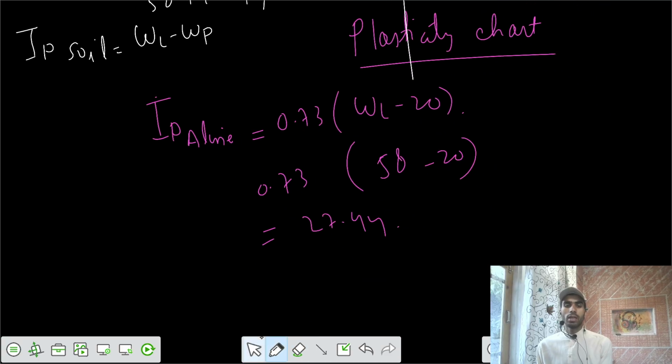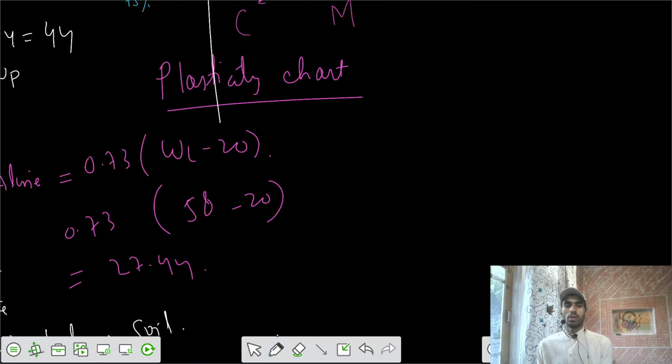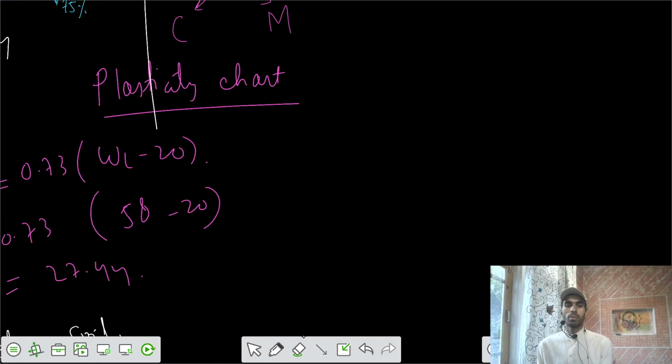So the A line is below the soil, or I would say the soil is above the A line, because IP for the soil is greater than IP for the A line on the y axis. So where was that plasticity chart?